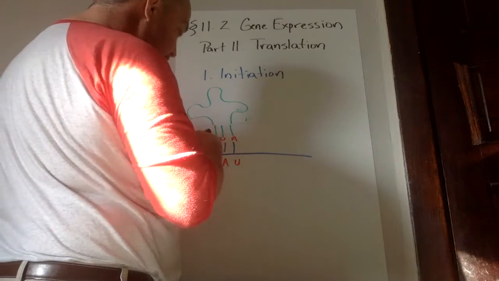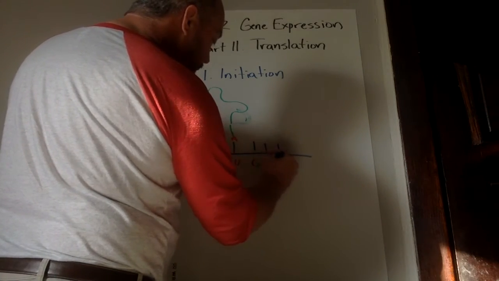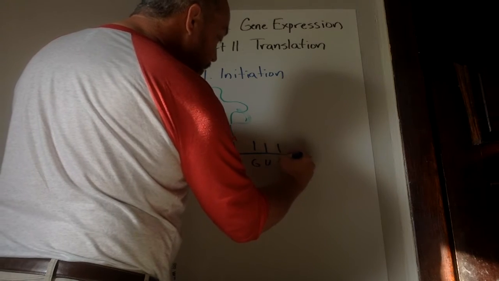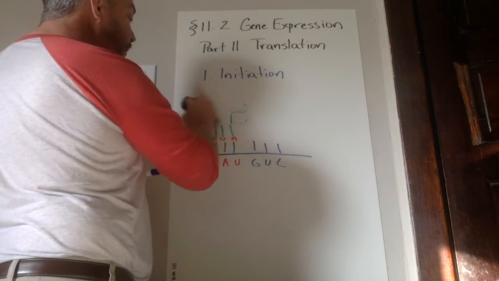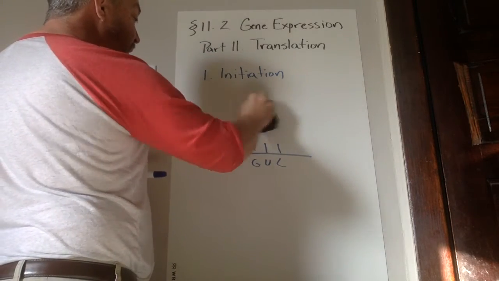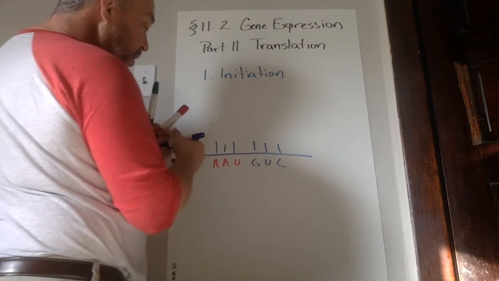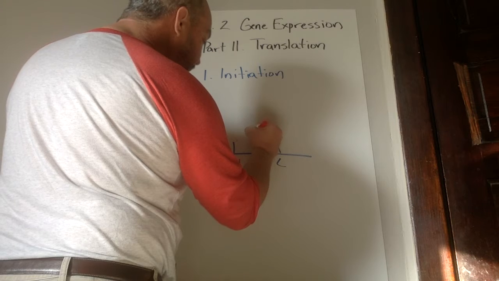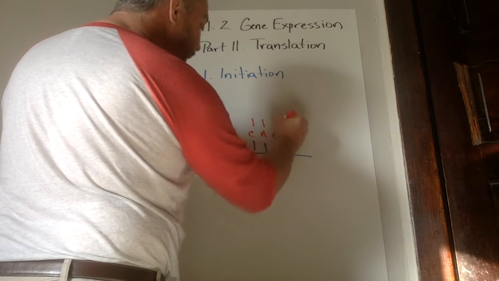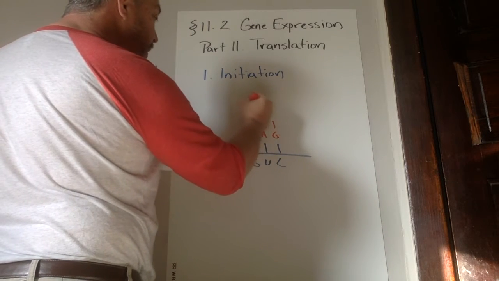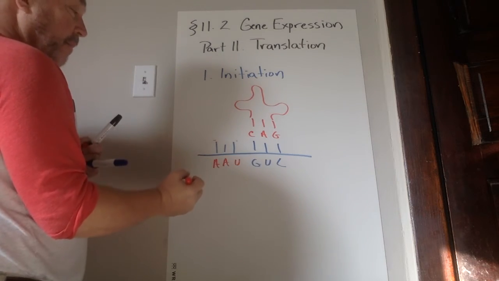If the next three letters were GUC, then the tRNA that would find it would have to be complementary to GUC. Opposite G is a C, opposite U is an A, opposite C is a G. So the anticodon on this next tRNA would be CAG.